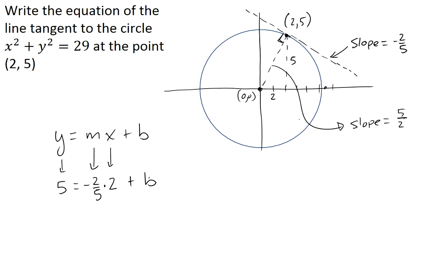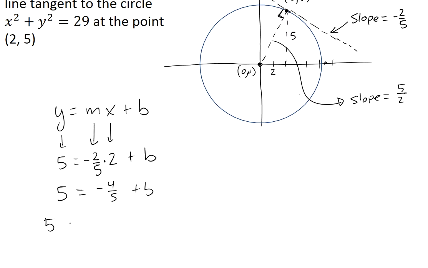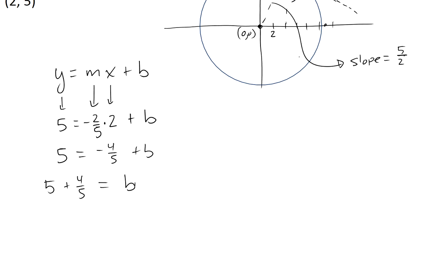If I solve this for b, I've got 5 equals negative 4/5 plus b. If I add 4/5 to both sides, 5 plus 4/5 equals b. And of course 5 we could rewrite as 25/5, so 25/5 plus 4/5 is b.